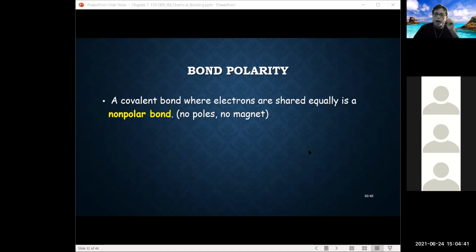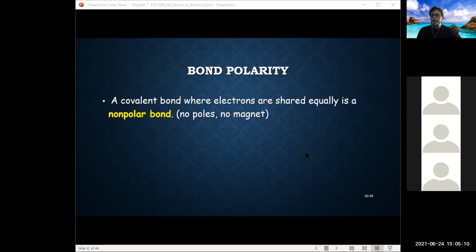Now, how does this work? Remember we talked about electronegativity. All the atoms have an EN value, not to be confused with ionization energy. Ionization energy, to refresh your memory, was the amount of energy necessary to remove an electron from a neutral atom.